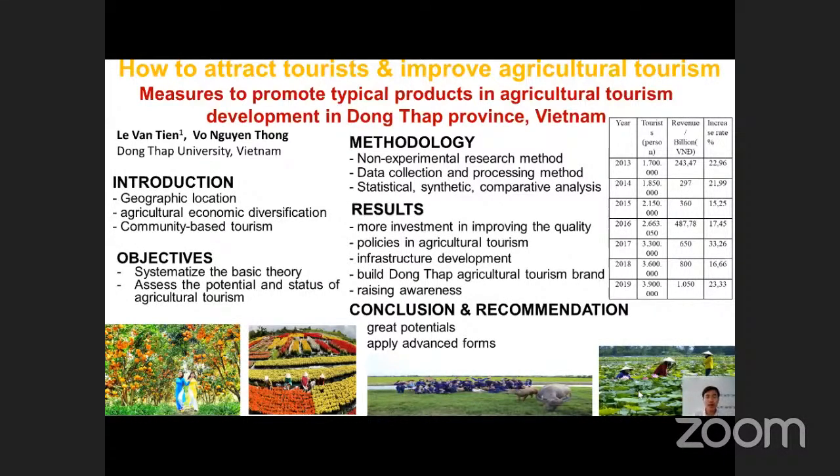And the fourth thing we would like to mention here is to build the Đồng Tháp Agricultural Tourism Brand. It is important to bear in mind that promotion and introduction of tourism products professionally targeting key local markets, taking agricultural tourism as the focus of agricultural products according to the GAP standards or Global GAP should be considered.